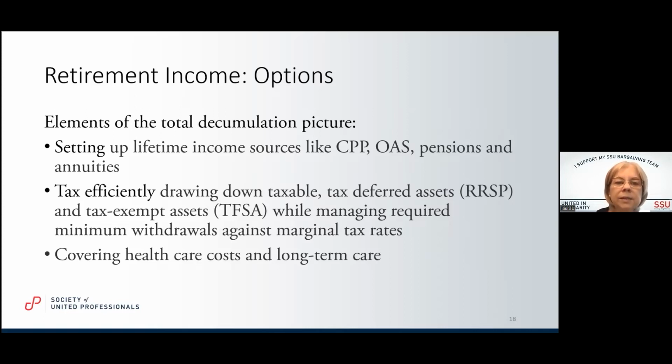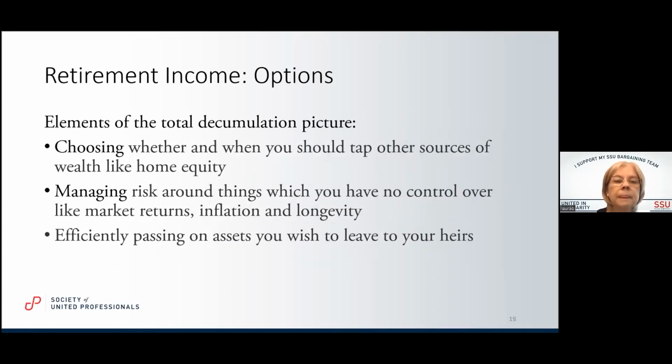You've got taxable, tax-deferred funds, such as your RSP, and you've got tax-exempt assets, and you have to manage all that within the minimum withdrawals and thinking about your tax rates. And you also have to think about covering healthcare costs, which could include long-term care. You might need to think about tapping into your home equity. There are going to be things that you have no control over but you have to plan for: market returns, inflation, and how long you're going to live, and also estate planning if you wish to leave some of your assets to your heirs.